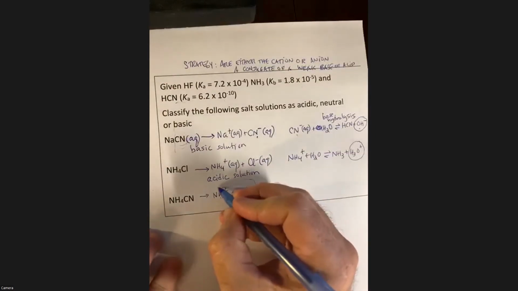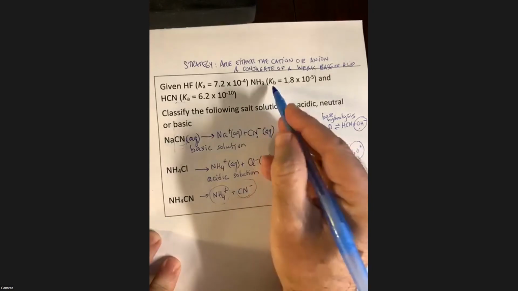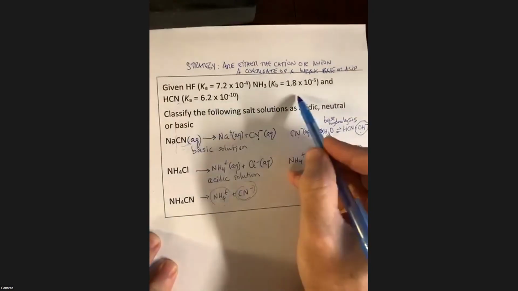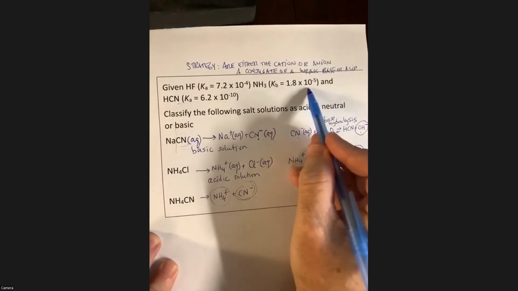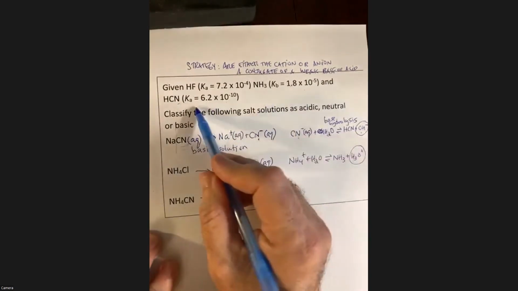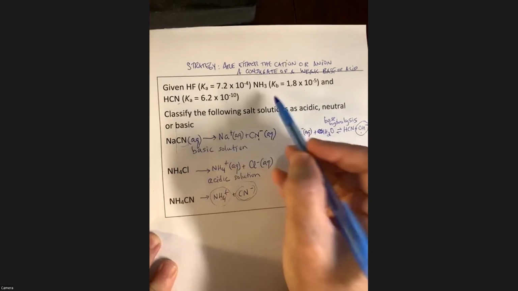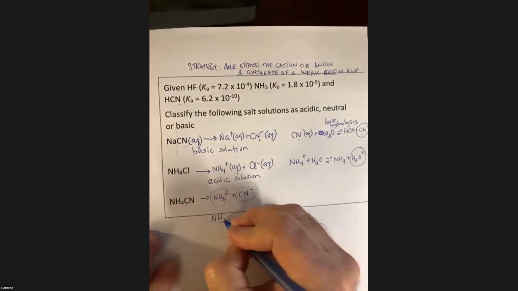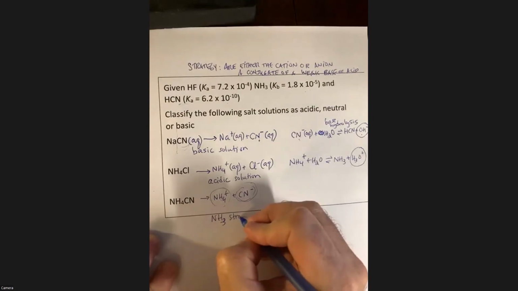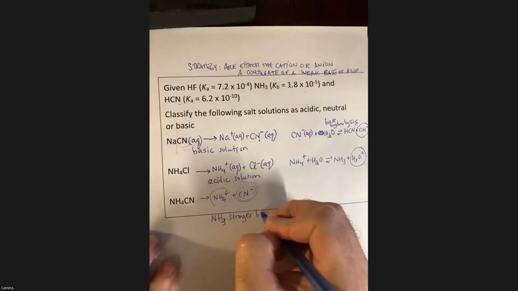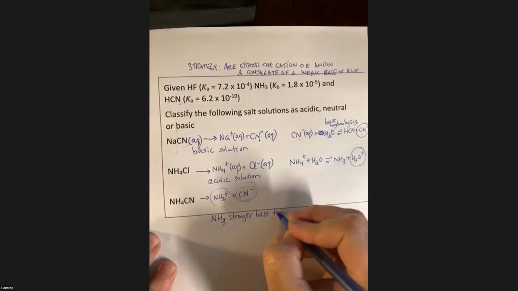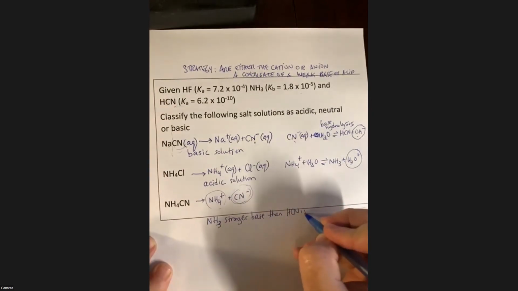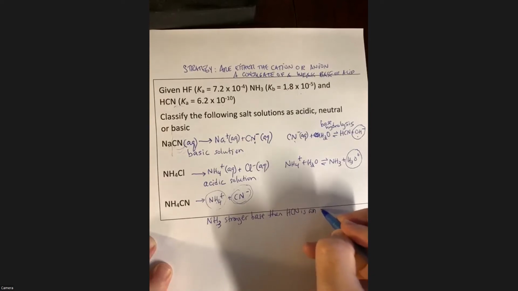If this is the conjugate of ammonia, and this is the conjugate of HCN, ammonia has a Kb that is larger than the Ka of HCN. That means ammonia is a stronger base than HCN is an acid.